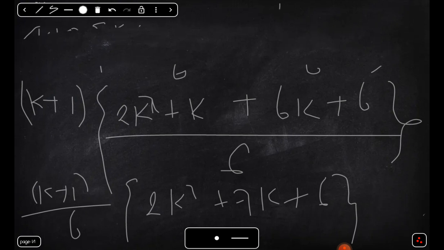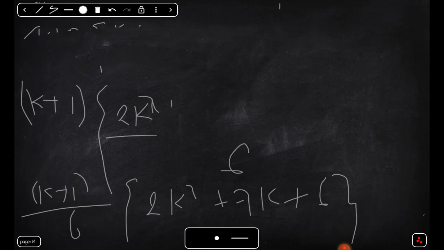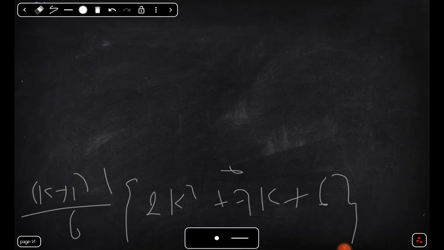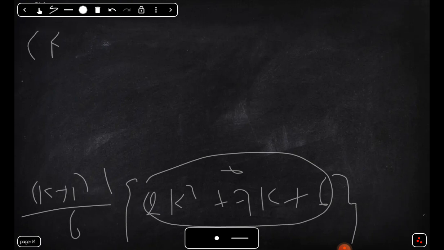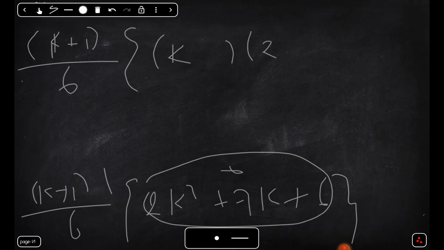Okay, let's create more space at the top so we can continue our solving. Our proof is still in progress. The next thing from here is simple: we look for what can factor this quadratic expression. We have k plus 1 over 6. If we factor this quadratic, there will be two values of k, but now we have 2k, so let's say this is k and this is 2k.